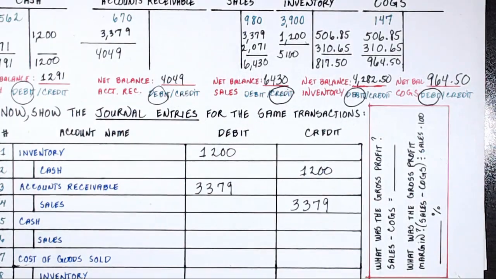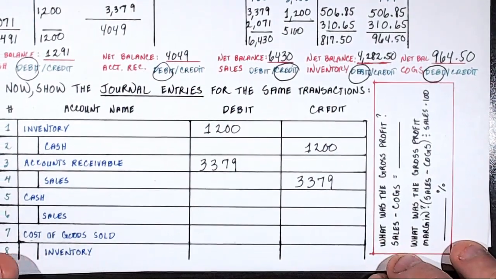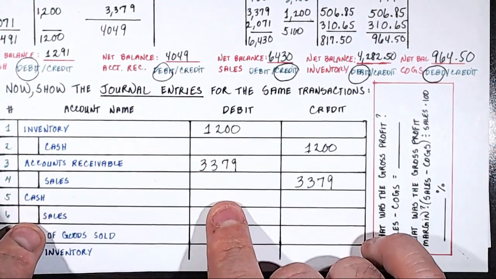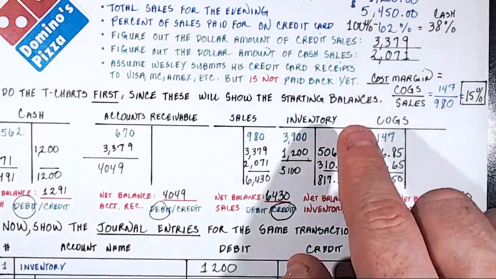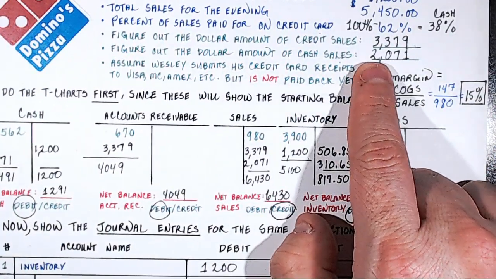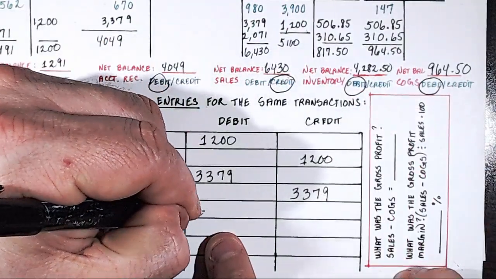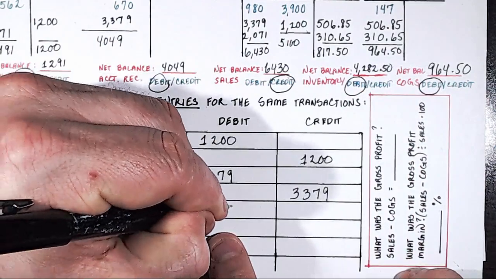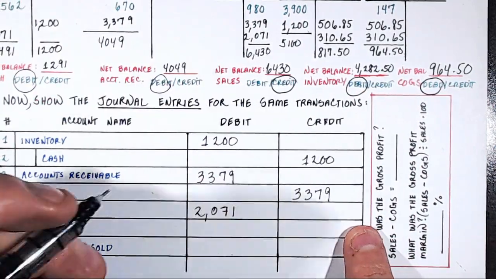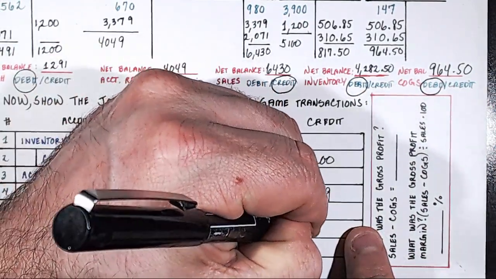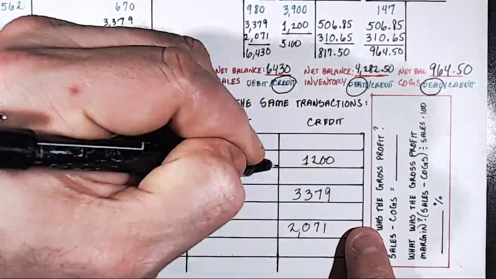Okay. Now, what is the cash sales that we made? All right. So my cash sales were $2,071. Cash sales $2,071. And we credit sales for the same amount, $2,071.